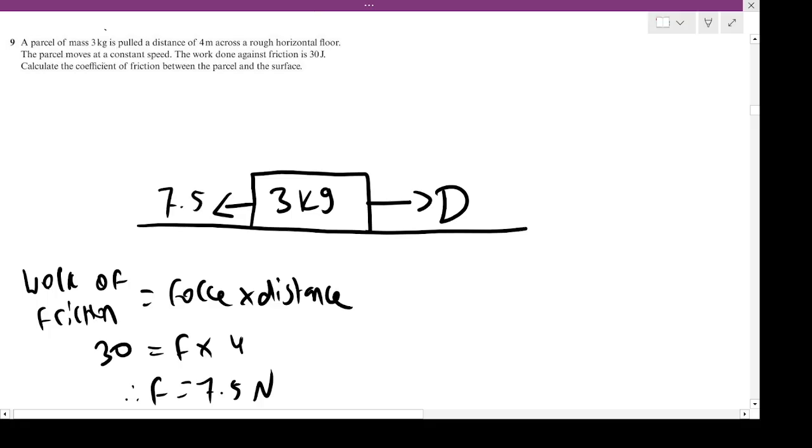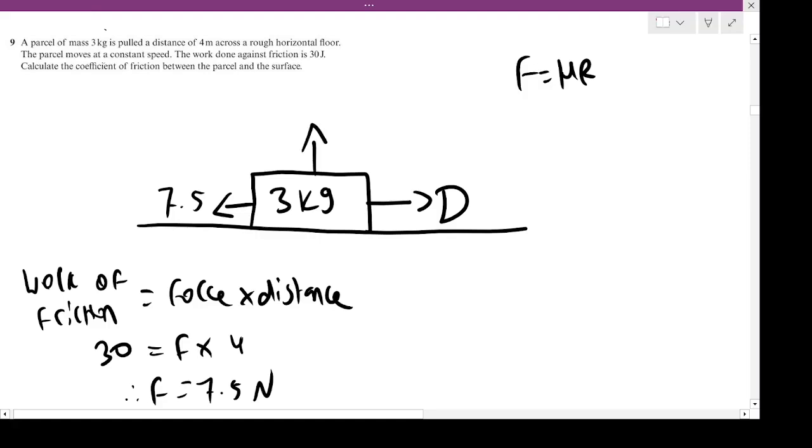But of course that's not what it asked me. It's asking me for the coefficient of friction. The only formula that involves that is F equals mu R, so the friction is mu, the coefficient of friction, times the reaction.